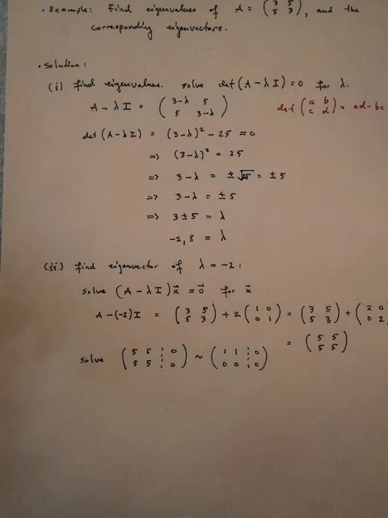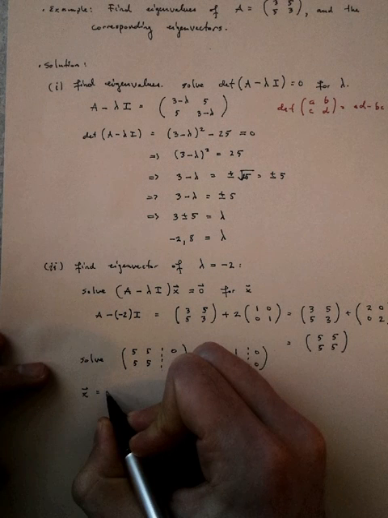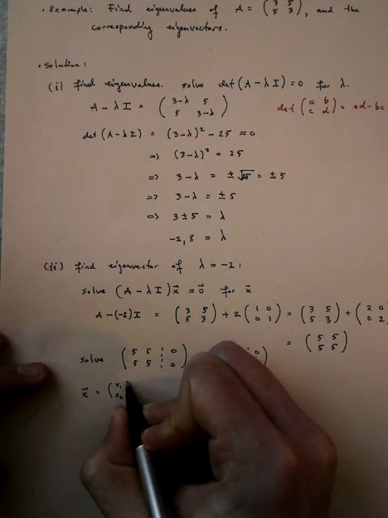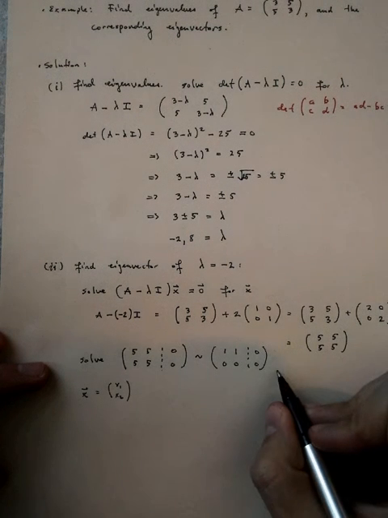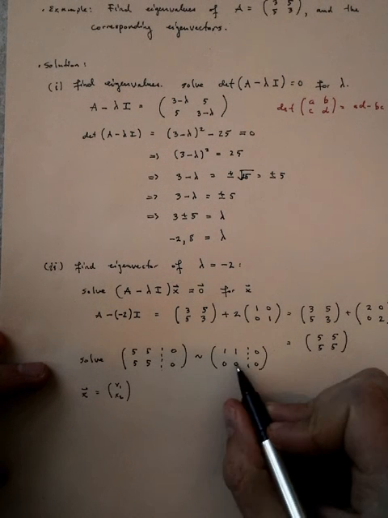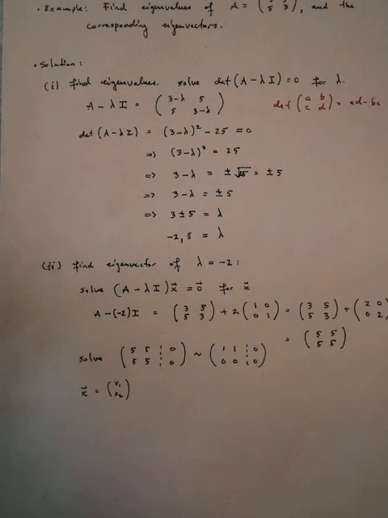Okay, now I can write my solution set. So I can say x is equal to x1, x2. Right? What's my solution set? Well, x2 is a free variable, and x1, this equation tells me x1 plus x2 is 0, which is the same thing as saying x1 is negative x2.